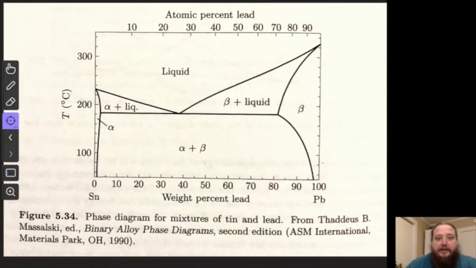Your book describes here the behavior of lead solder, which is a mixture of lead and tin, and typically solder would be a mixture of lead and tin right at this eutectic point, so that you can lower the melting point of the solder quite a bit, and also that you get a relatively decent mixture of the grains that is relatively strong once you cool down below this final eutectic melting point.